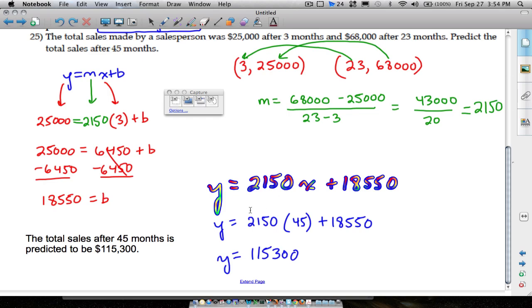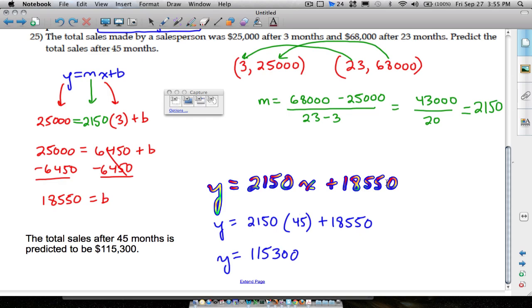And notice we took $2,150 per month times 45 months, and then plus this y-intercept that we found. That's how we came up with that number. So that's just another application of that slope too. This salesperson is making sales worth $2,150 per month, and we multiplied it times our number of months.